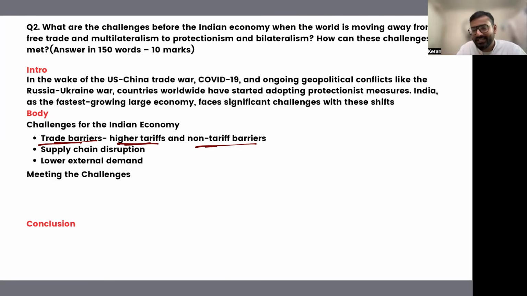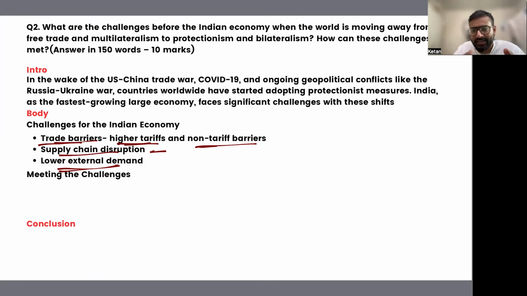There is also supply chain disruption due to various geopolitical conflicts, the Russia-Ukraine war and conflicts in the Middle East. So it affects India's exports and participation in international trade. So that is again a challenge for the Indian economy. And overall, it creates lower external demand.